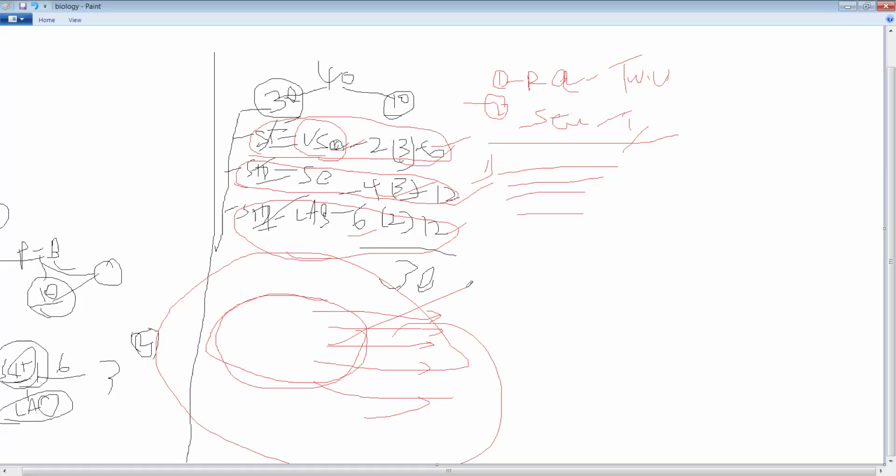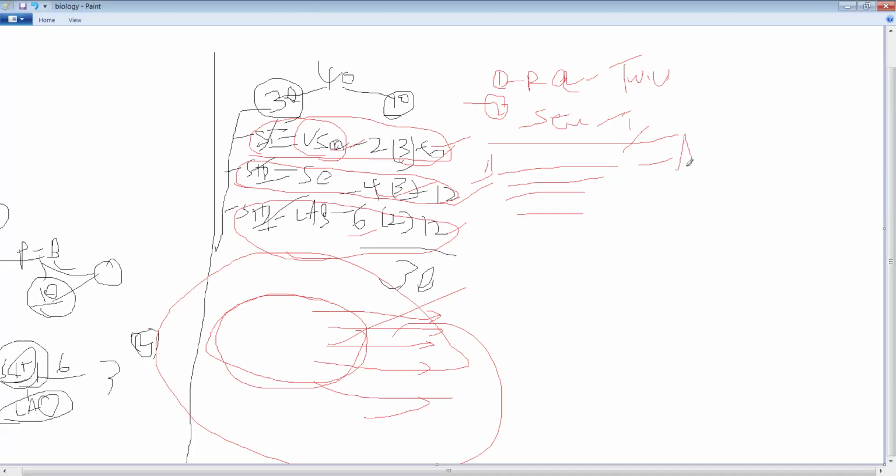Also in genetics, mainly homologous organs, analogous organs, and human evolution, you may focus.